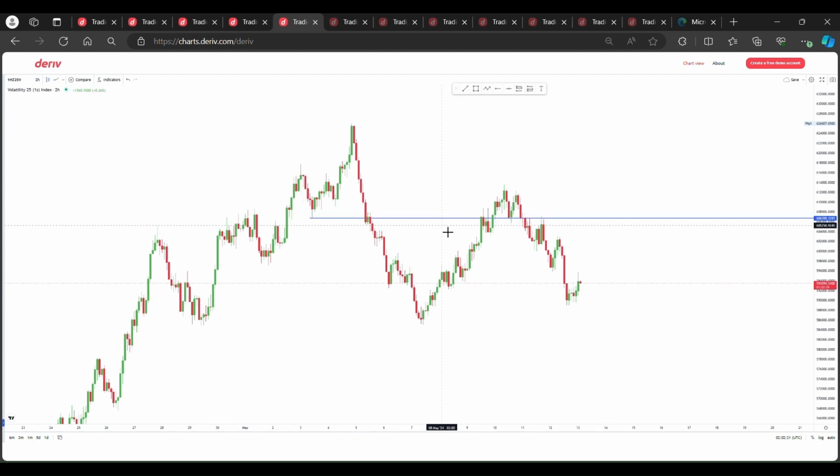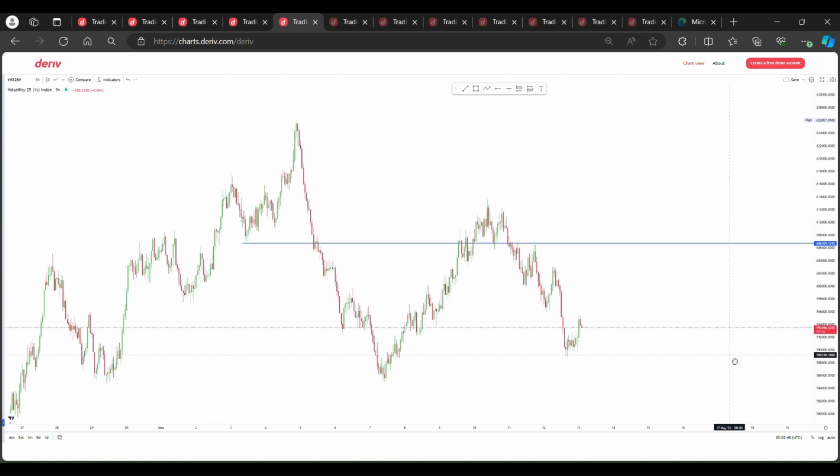So what I have to do is wait for price to come into this line, then I look for confirmation on the lower time frame. Right here, price tapped into this line at this point and gave us a weak rejection. So let's assume that we sold after seeing that weak rejection.